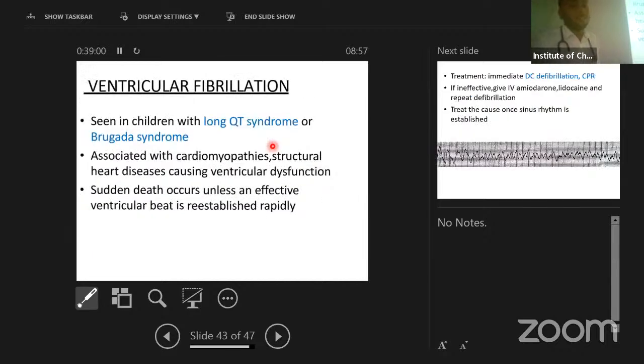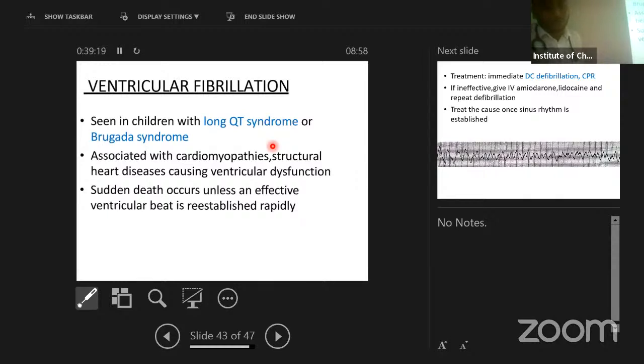Ventricular fibrillation occurs in children with long QT syndrome or Brugada syndrome, and is associated with cardiomyopathy and structural heart diseases like ventricular dysfunction. It can even cause sudden cardiac death.